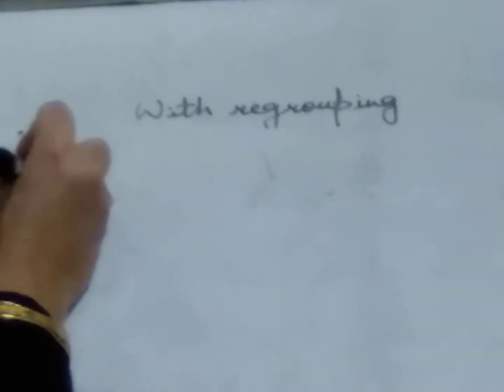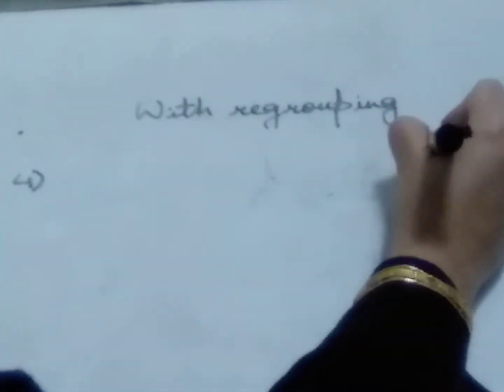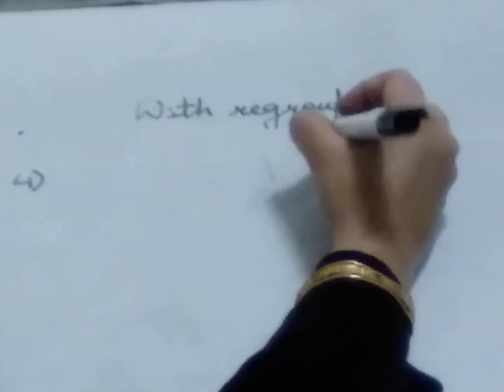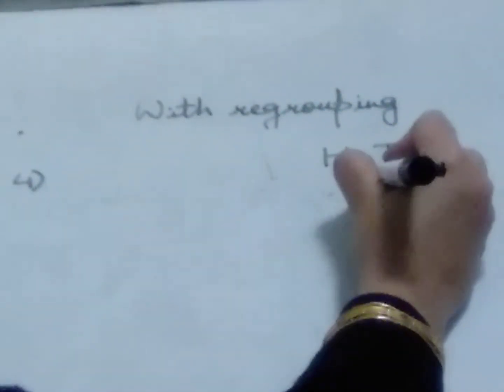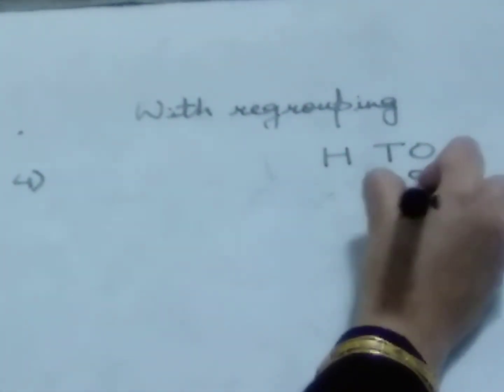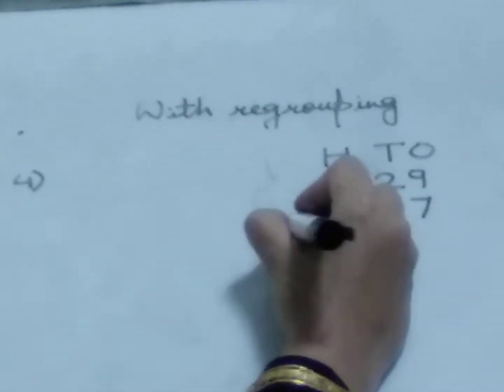Now our next question is H T O, 29 multiplied by 7.